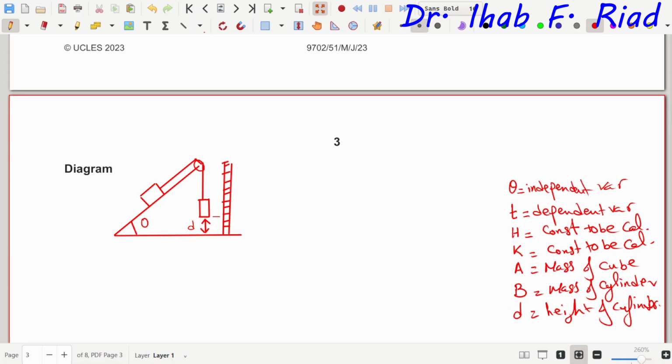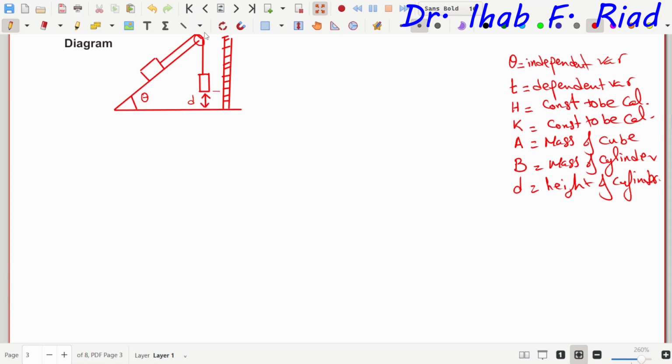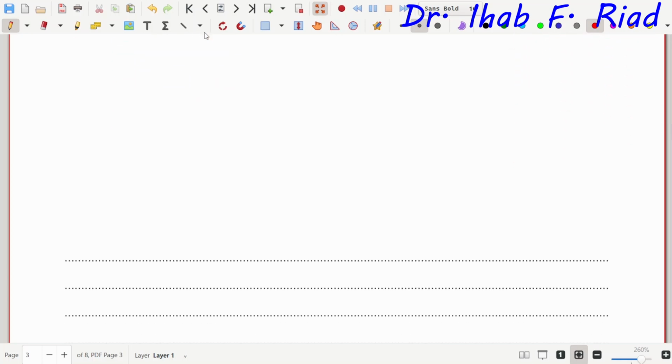We fix this height as always to be D. Then we allow it to free fall, and we measure the time it takes to fall this fixed distance of D. So how are we going to proceed?